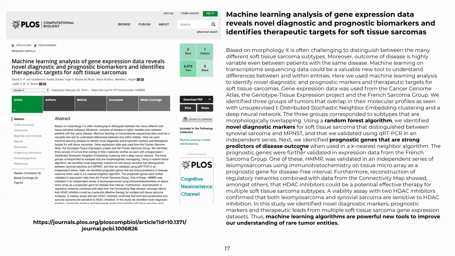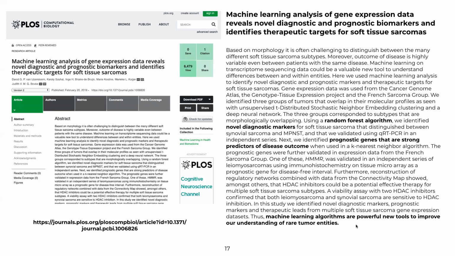So again, now you can see that their conclusion is that machine learning algorithms are powerful new tools to improve our understanding of rare tumor entities, right? So they had a very specific focus, rare tumors. They used a number of different data sets, their own data set, the French sarcoma group, and the TCGA as a reference. They applied some machine learning from the data mining, from the unsupervised clustering and t-SNE. And then they used feature selection to actually understand, well, which genes are responsible for this.